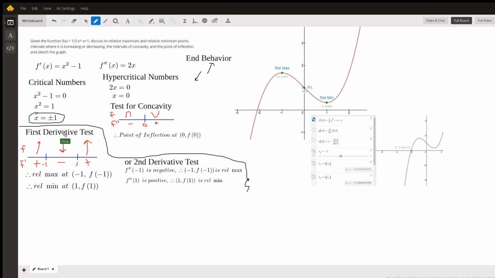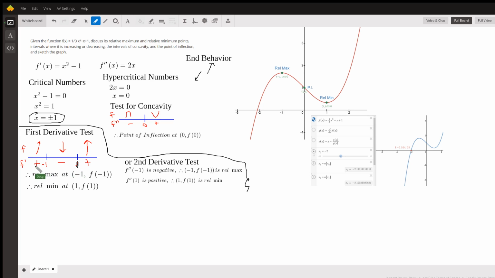We can employ the first derivative test to find out where the first derivative is positive and negative in the intervals created by the critical numbers. And that will tell us the intervals on which the original function is increasing or decreasing. So for example, here are the critical numbers, -1 and 1, on a number line.